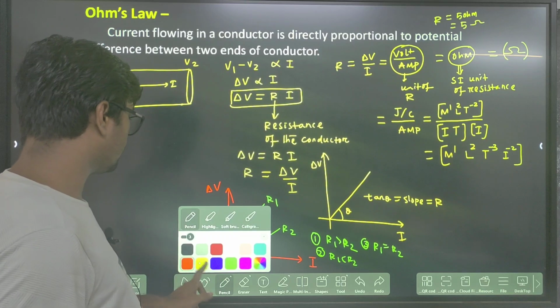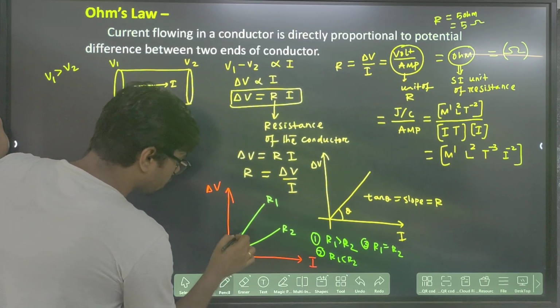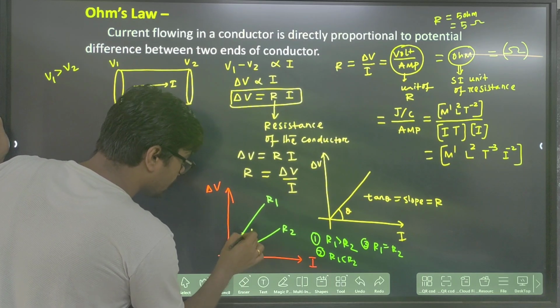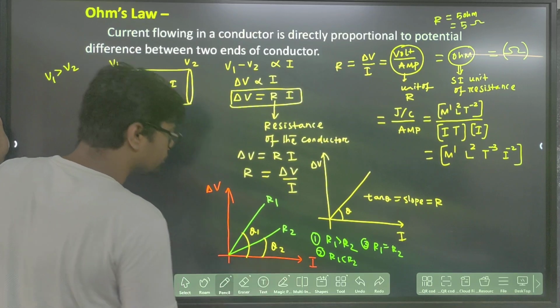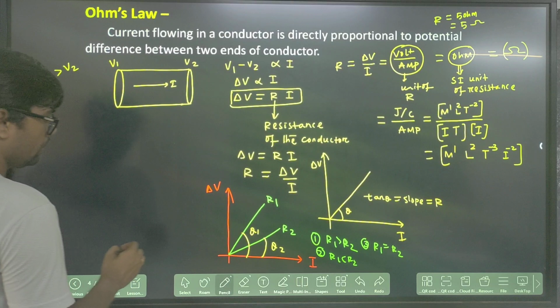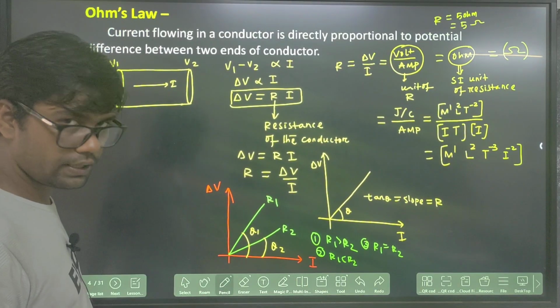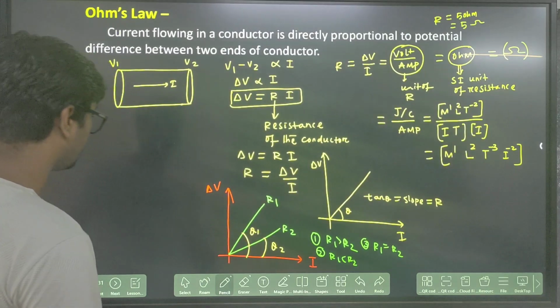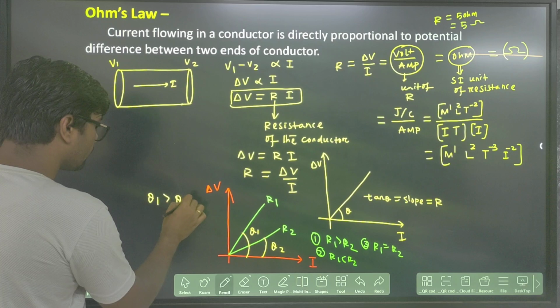For R1 I am taking the angle as theta 1, and for R2 as theta 2. So you will tell that theta 1 is greater than theta 2.